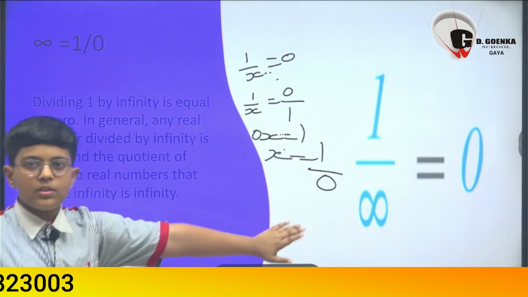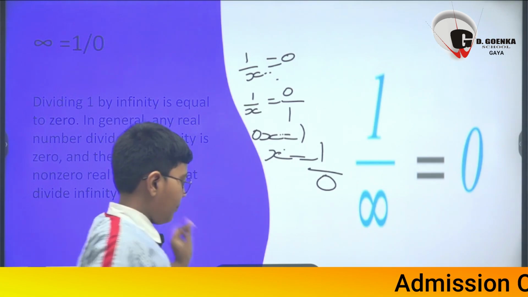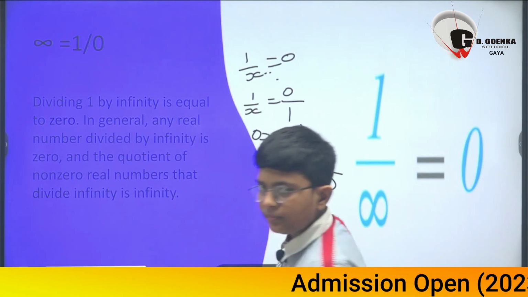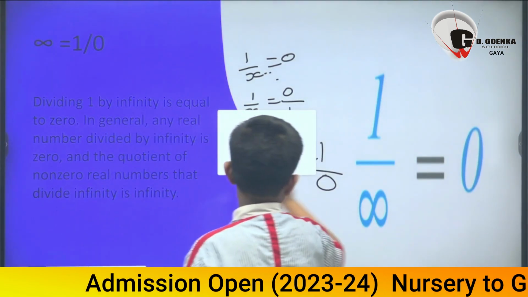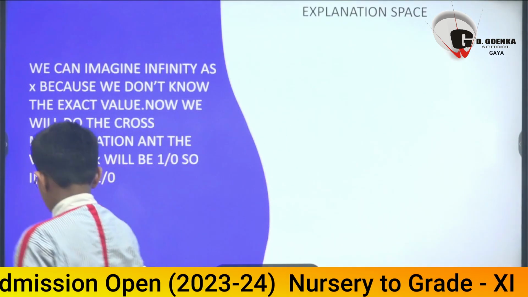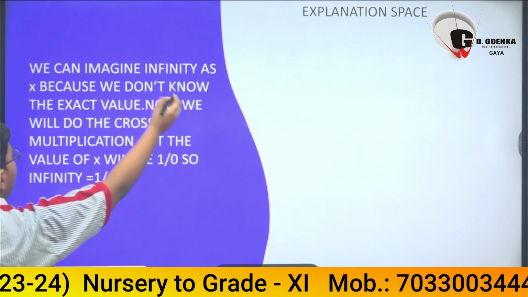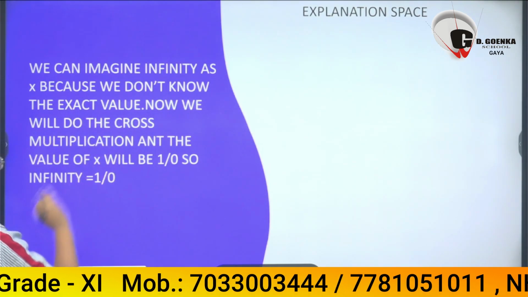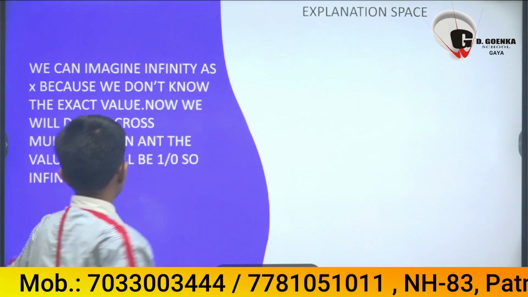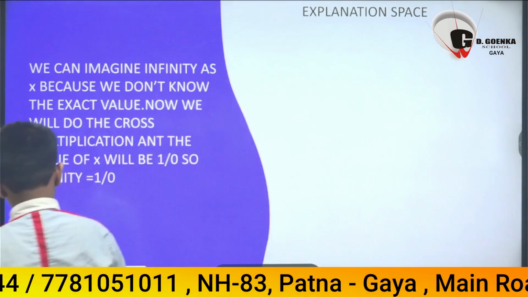And I am not just saying it in the air, I have actually proved it. We imagine infinity as x because we don't know the exact value, and we do the cross multiplication as I have already explained.